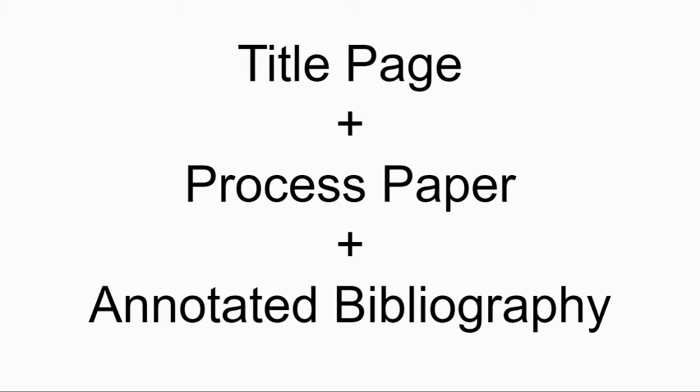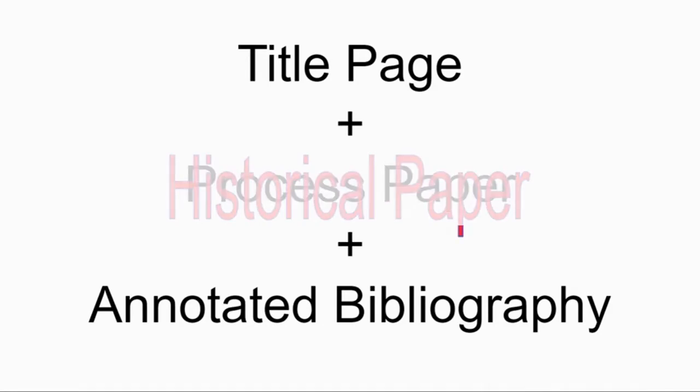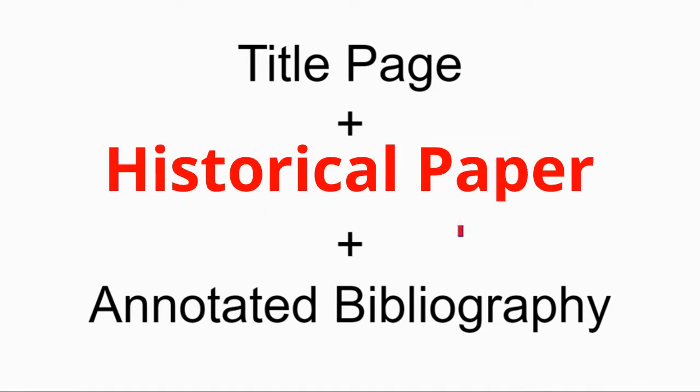Now, there is an exception to this. If you are doing a historical paper, you also will be completing a title page like everyone else. But instead of those 4 paragraphs that we refer to as the process paper, that's where you will put your historical paper. And the historical paper, of course, is an introduction with the thesis, your body paragraphs, your conclusion, and then last, your annotated bibliography.